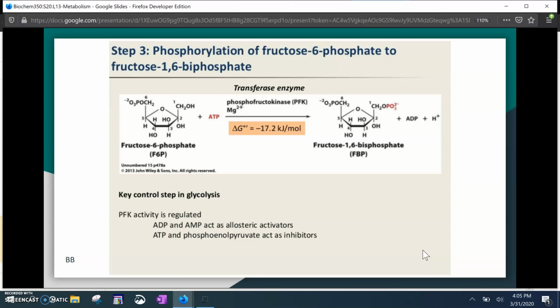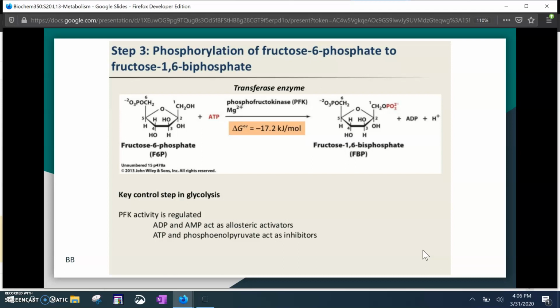The third step now is the phosphorylation of the fructose 6-phosphate to fructose 1,6-biphosphate, which means it now has 2 phosphates. So this one is also going to use a kinase and another ATP. And the kinase here is called phosphofructokinase, or PFK. And you can see here it has a large negative delta G. This is a key control step in glycolysis.